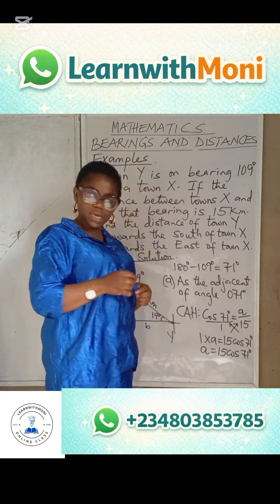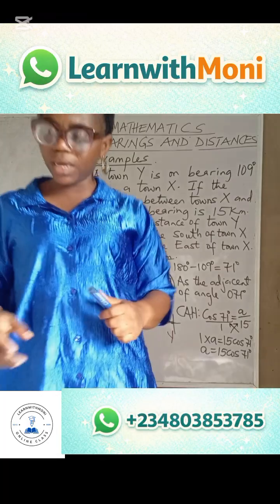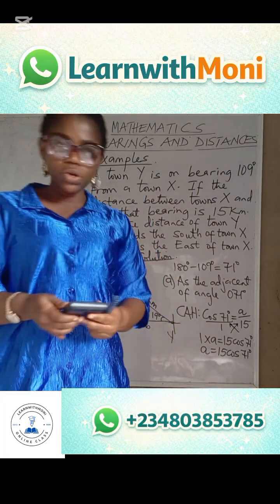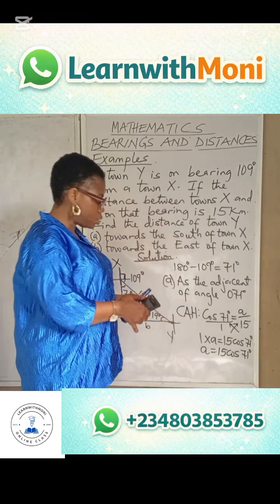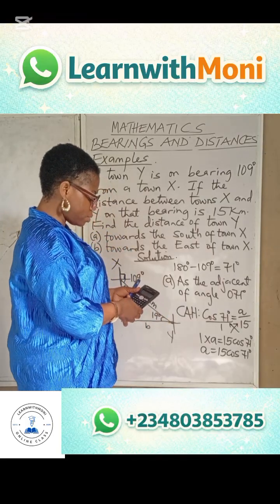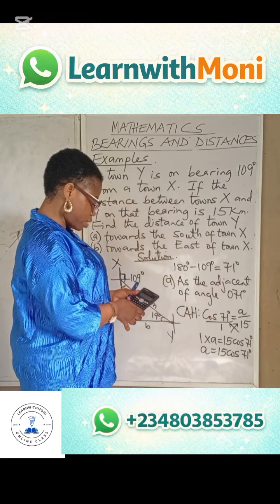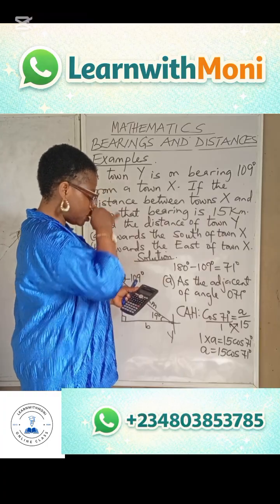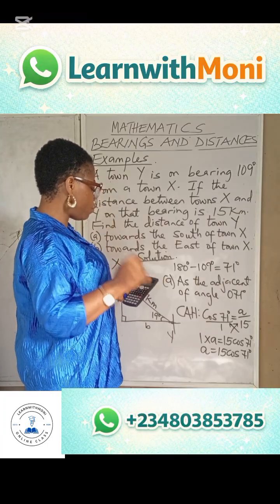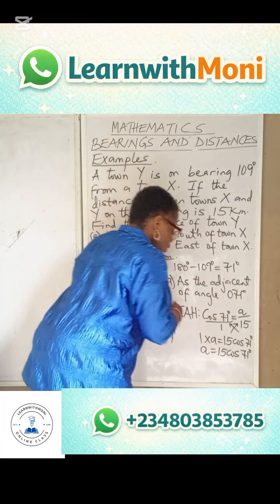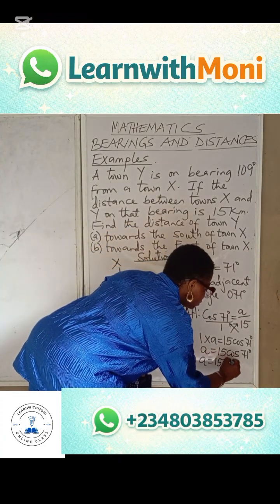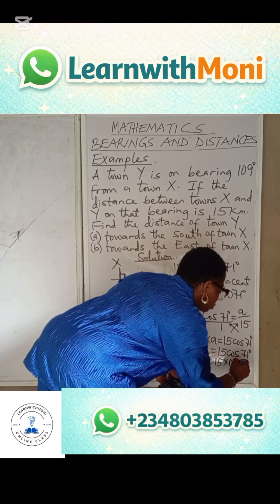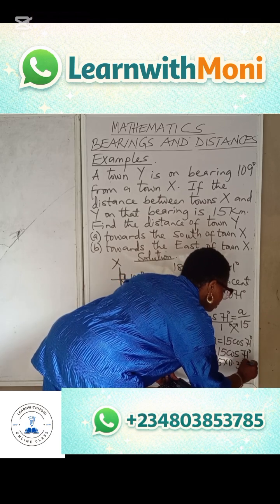If you are making use of your scientific calculator or your 4-figure tables, you get cos 71 as 0.3256, and that means 15 times 0.3256.